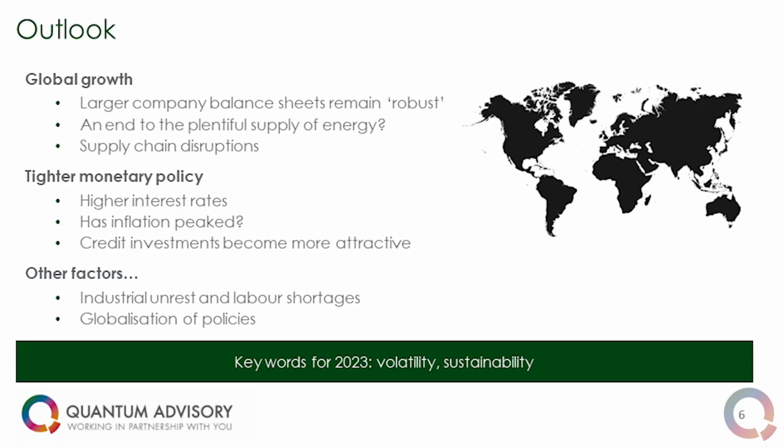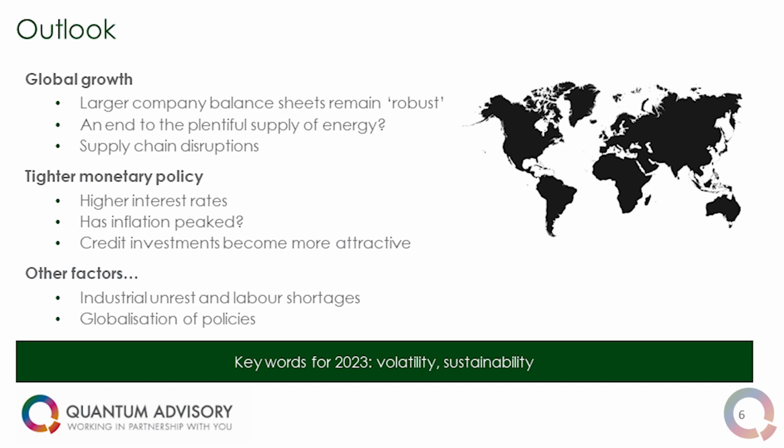In terms of outlook, so thinking about where markets might go from here and some of the key driving factors, there are some points to think about. In terms of corporate balance sheets, yes, we've seen a rise in interest rates, we've seen a rise in inflation, and we've seen a rise in the yields on corporate debt as well.